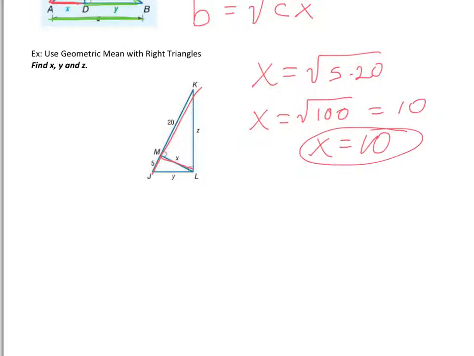Okay, the next thing we're going to look at, let's erase that. And it's not letting me erase it. That's okay. I don't know why it does that sometimes. Now we're going to look at the leg Z. Remember, Z is the geometric mean between the hypotenuse, the whole length, which in this case is 25, times the segment adjacent to it.